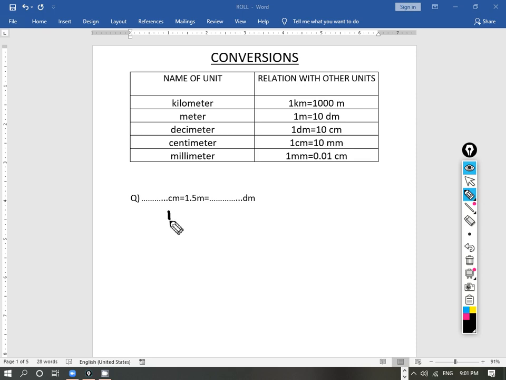So we know that 1 meter equals 100 centimeter.